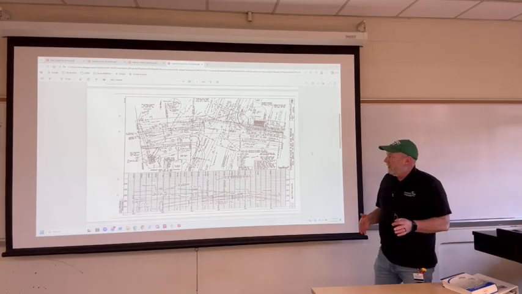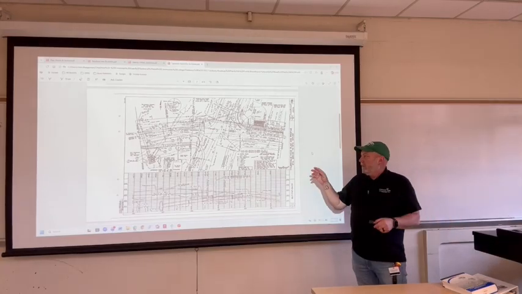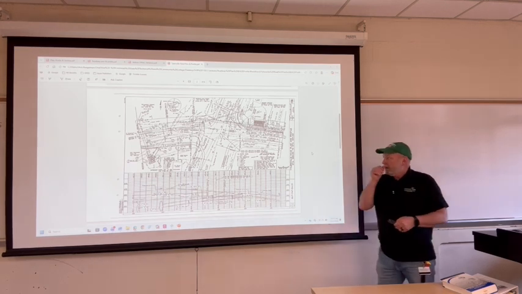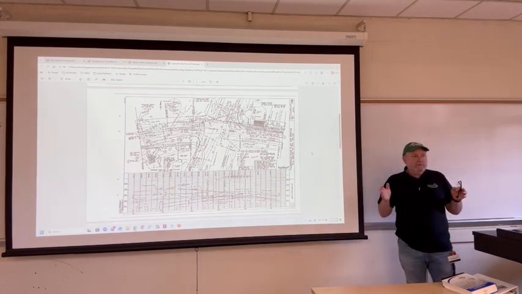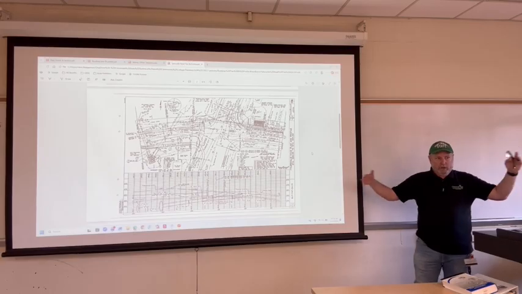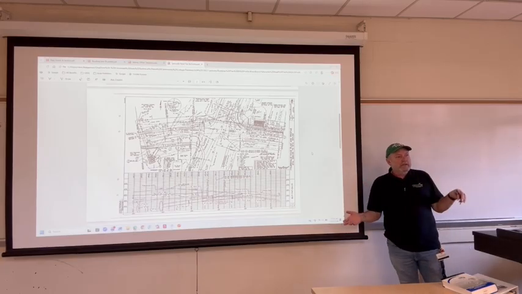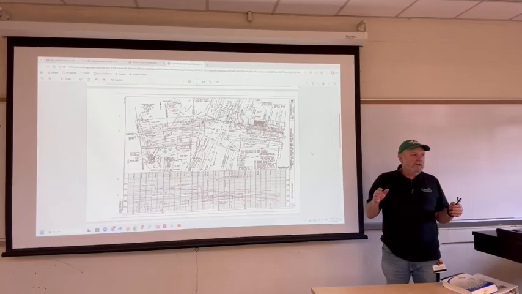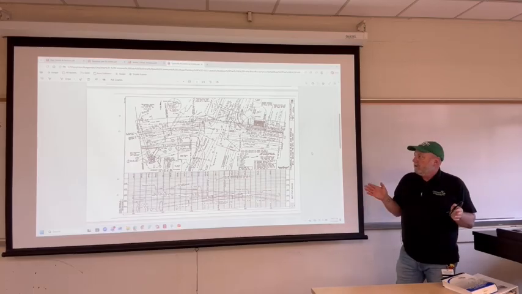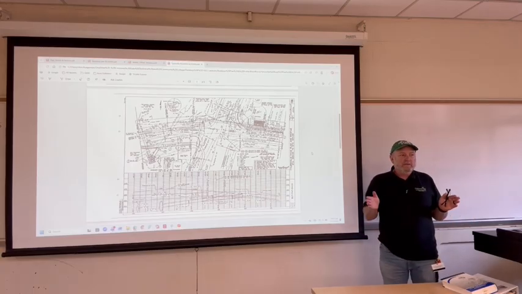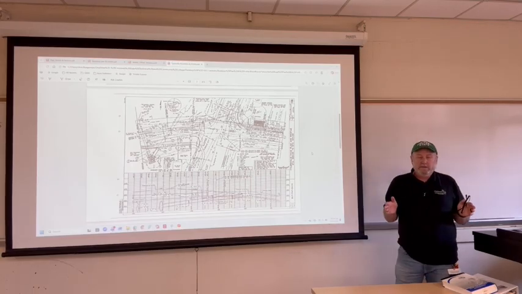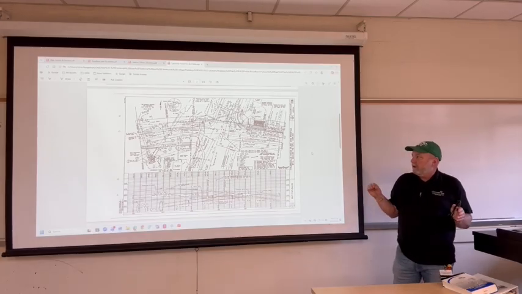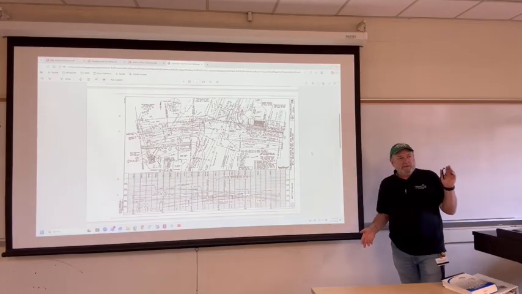When your degree of curve is an even angular value, your radius is going to come up to be something long, kind of weird, not to an even foot. In subdivision plans, you'll typically see radius listed to an even foot. Very common. But when you see that this was designed using a degree of curve, your radius is going to come out to decimal feet.